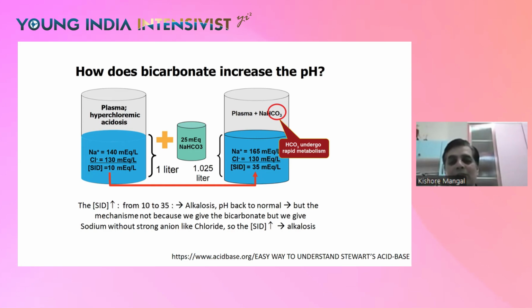That is, the sodium is increased, but the other component, chloride, has not increased. And that is why it ultimately leads to alkalosis and not by the bicarbonate, which undergoes rapid metabolism and is controlled by the CO2 and the respiration. Right?